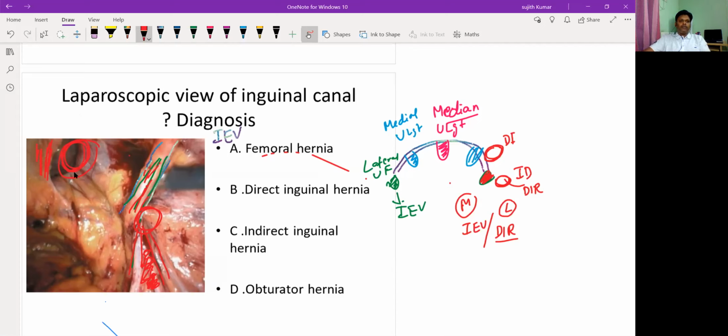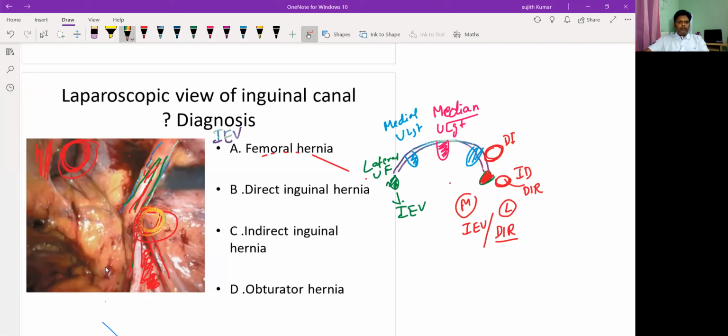This defect between the medial and lateral umbilical folds is called a direct inguinal hernia. If you get anything through the deep inguinal ring, then that is the indirect inguinal hernia.